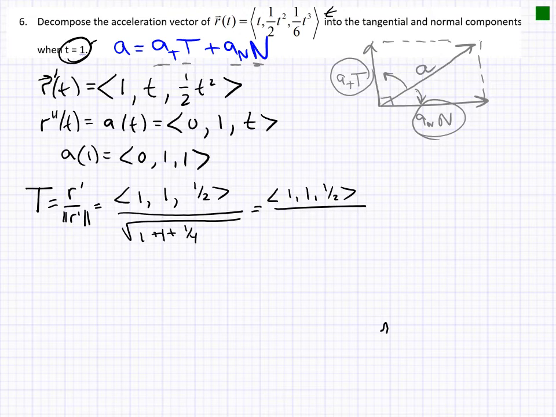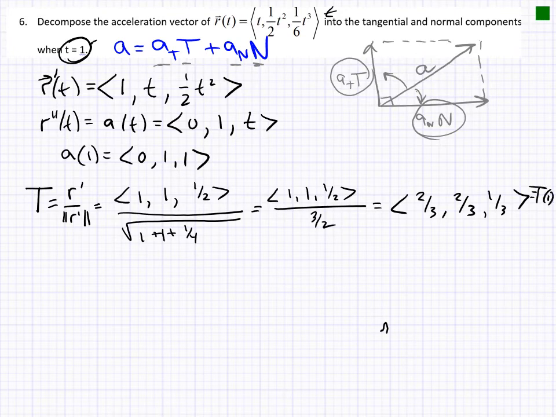Square root of 9 fourths gives us 3/2. So if I flip and multiply, this is going to give us 2/3, 2/3, and 1/3. And so that's going to be your unit tangent vector at 1.